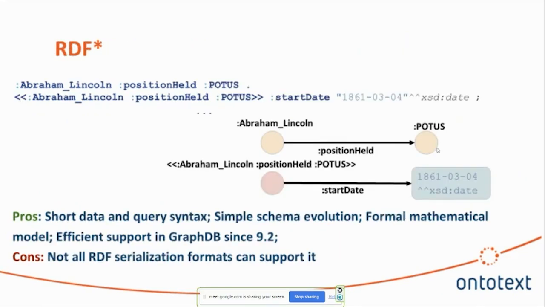And finally, this is still a standard which is not yet approved. It's a draft, RDF-star. Here we have our fact modeled as a triple, like Abraham Lincoln, position held, and President of US. And then in another triple, we have as a subject the first triple, this complex object here with the double arrows, opening and closing arrows, enclosing another object.